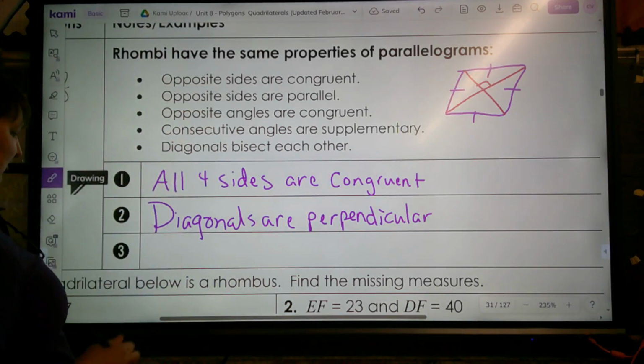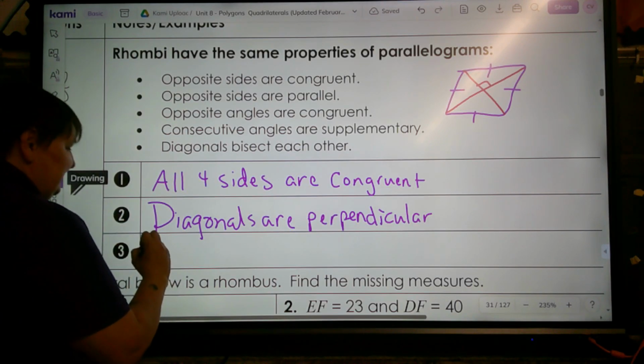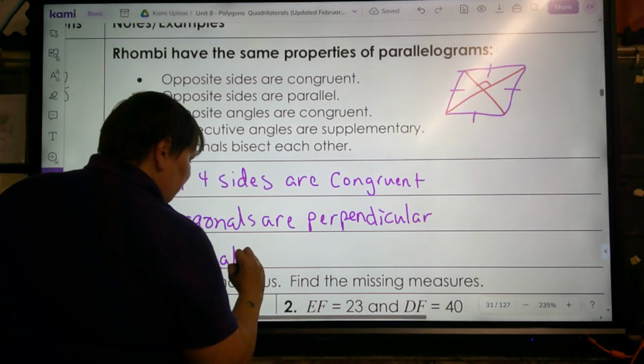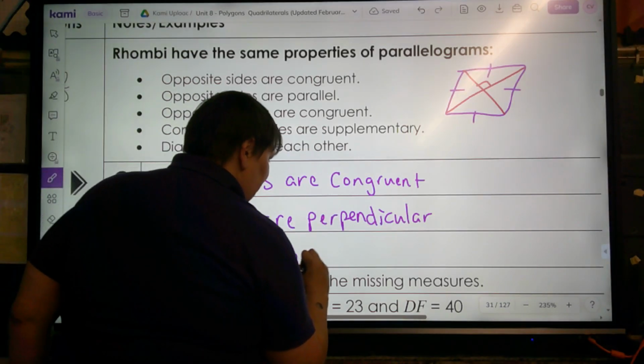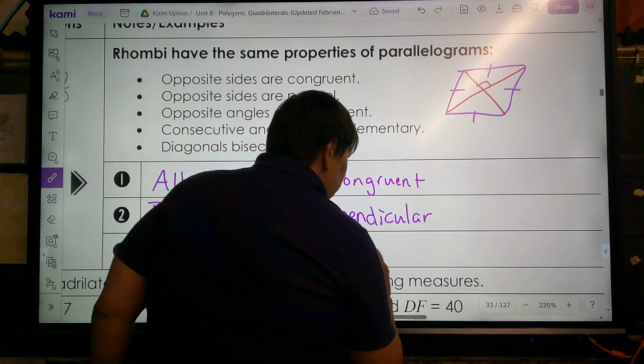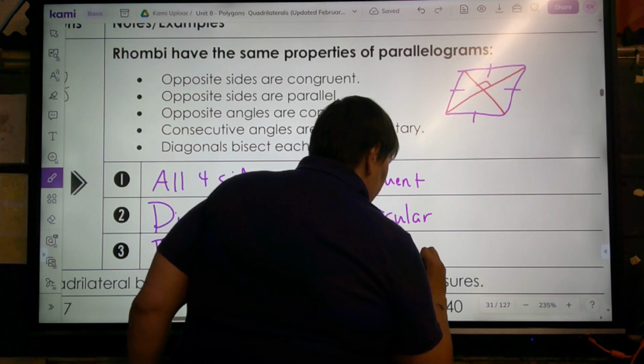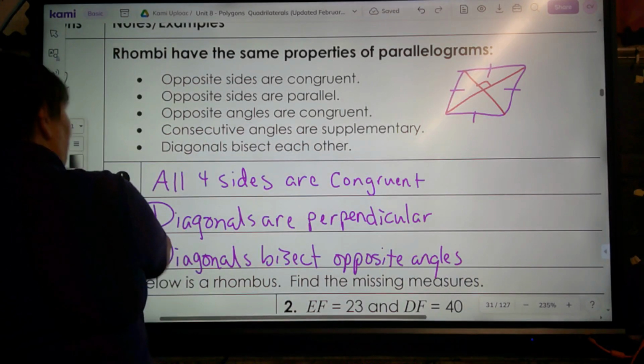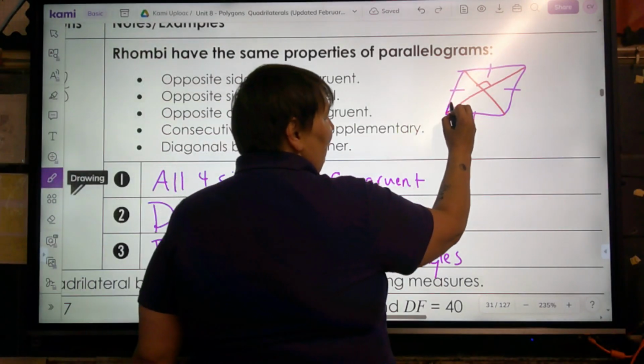And the last rule is diagonals bisect opposite angles. What does that mean? All right, so you have the corner angle.